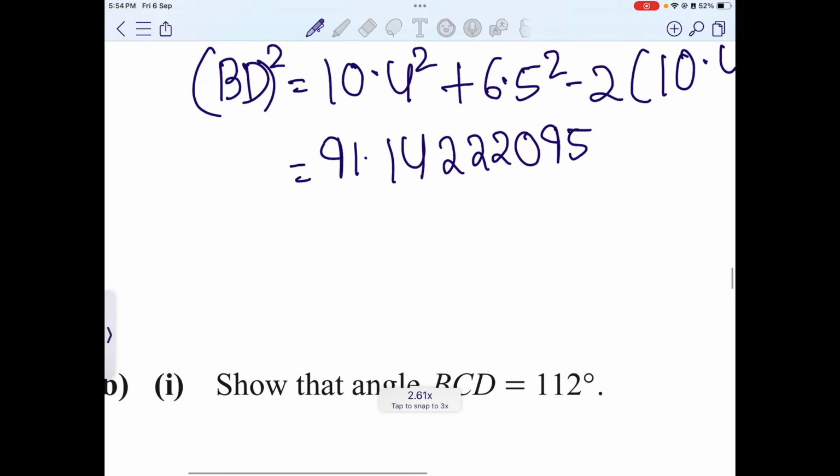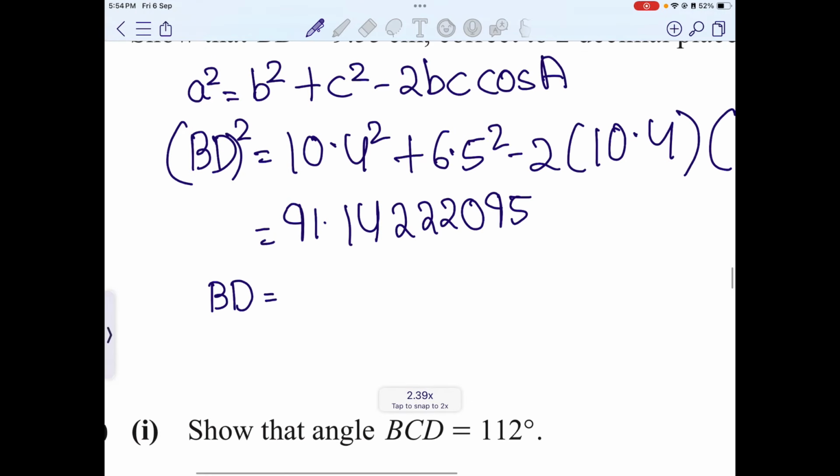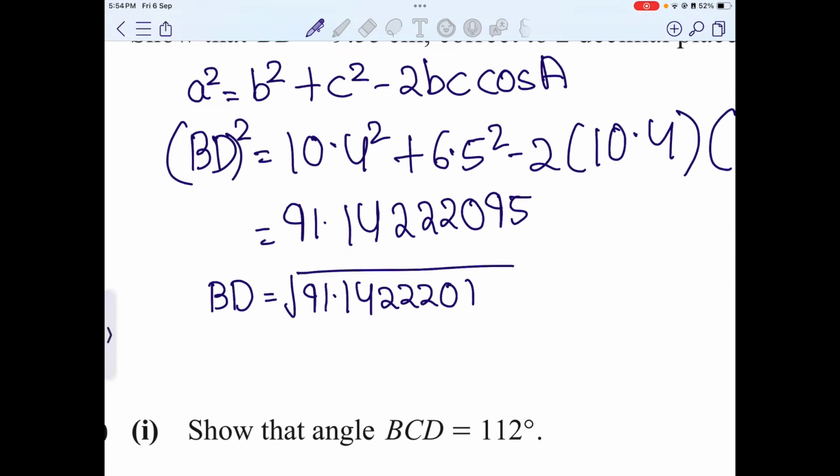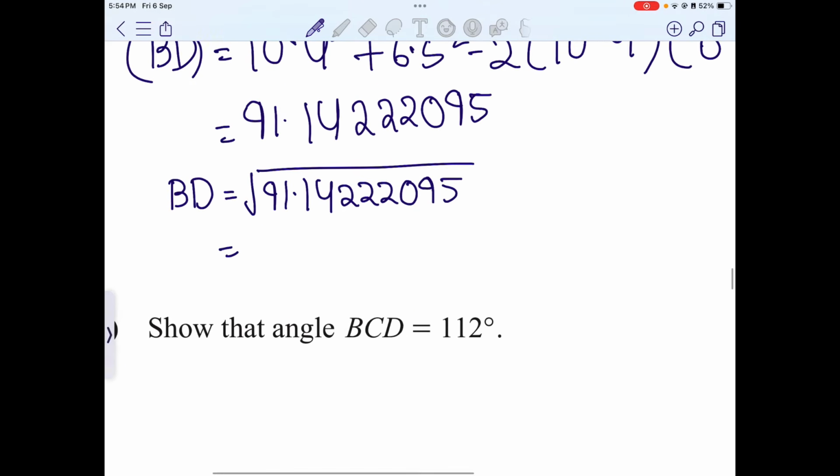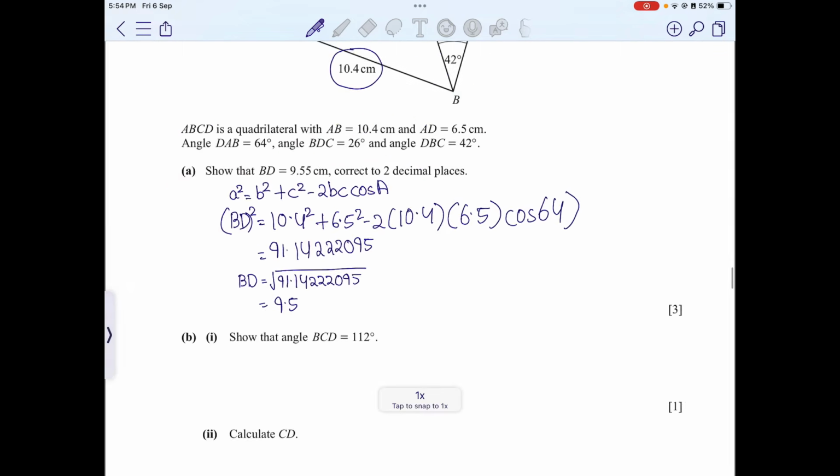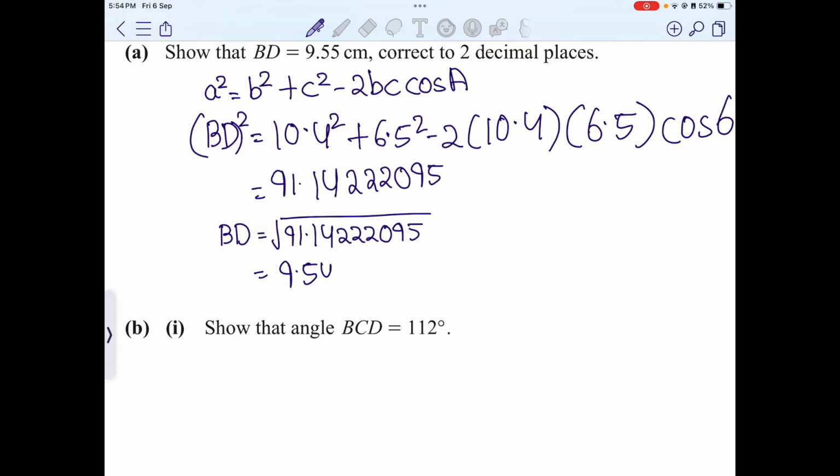In order to find BD, you need to square root this value, because this is the value for BD squared. When you square root it, the answer you would get is basically 9.55. It says show that, right? So you write the whole value, 9.5468437.43507, and when you round to 2 decimal places, it would give you 9.55 cm.